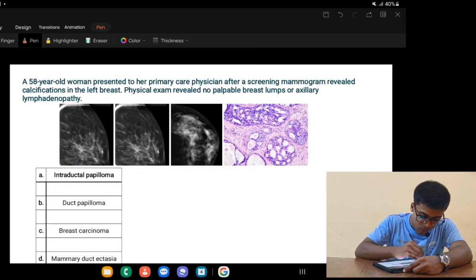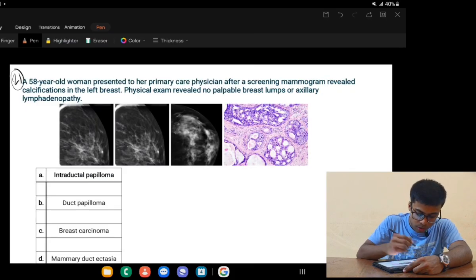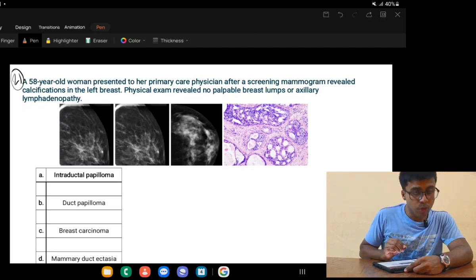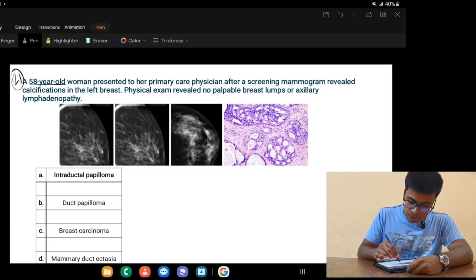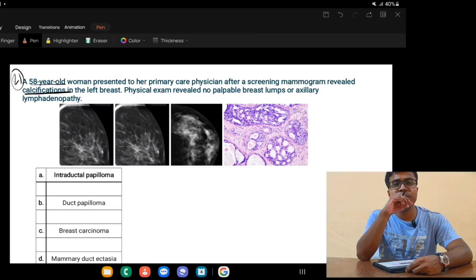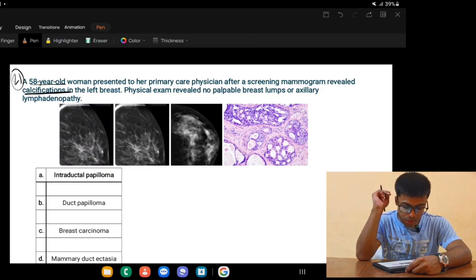Now coming to question number 21. A 58-year-old woman, of course menopause-related age, presented to her primary care physician after a screening mammogram revealed calcification. Previously we discussed that macrocalcification is seen related to fibroadenoma, a benign tumor.